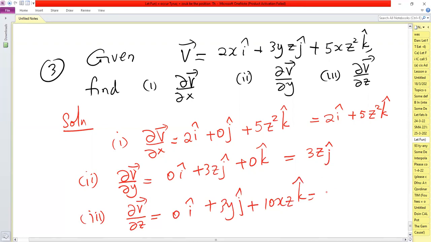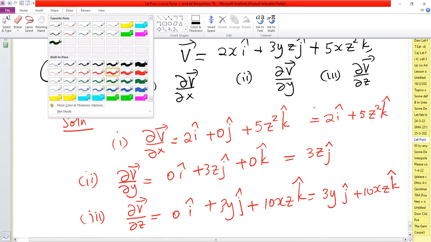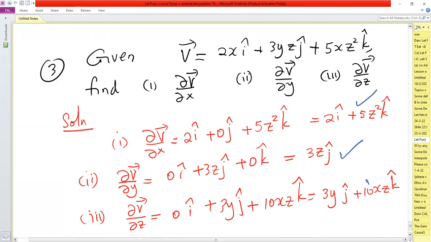So which you can just write 3y j plus 10xz k. So that will be the solution to the problem 3 given. Now, once we have that, then that marks the end of those 3 examples that we were to discuss.